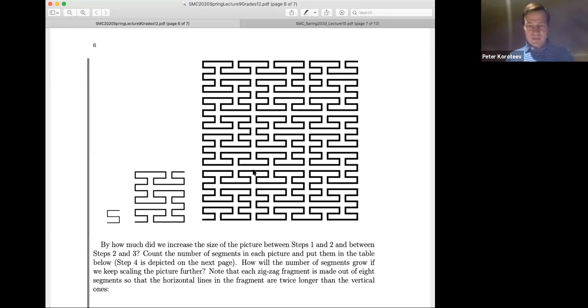Every horizontal row almost goes as 9 to some power, but there are some corrections. There's this small thing here. That's 1, 2, 3, 4, 5, 6, and then there are 2 vertical ones, right? So it will be 720 plus 8 is equal to 728, right? Was it clear how I counted?